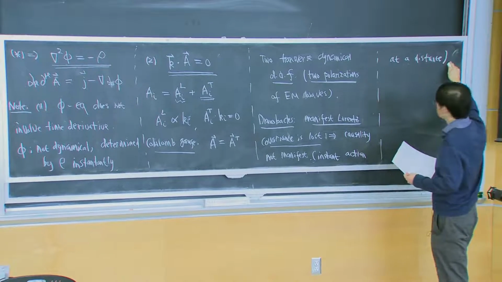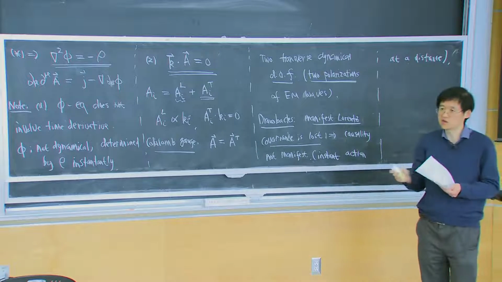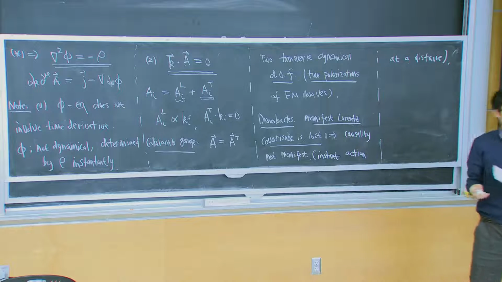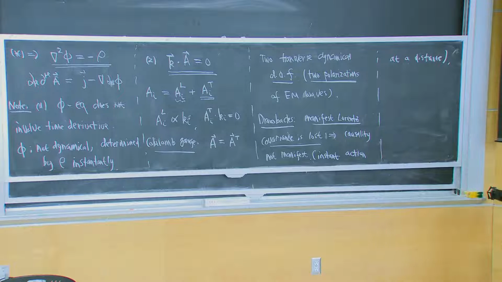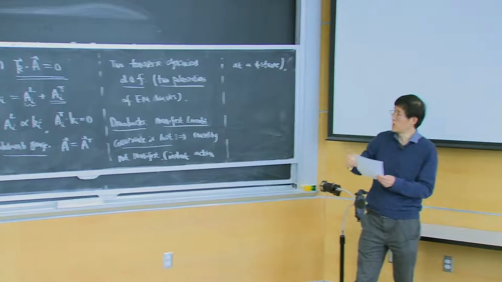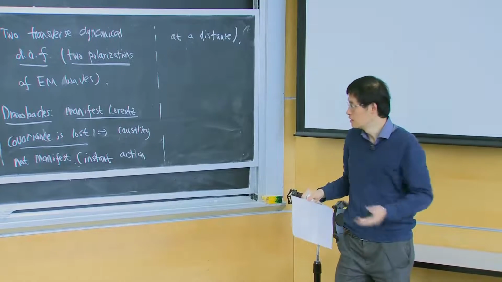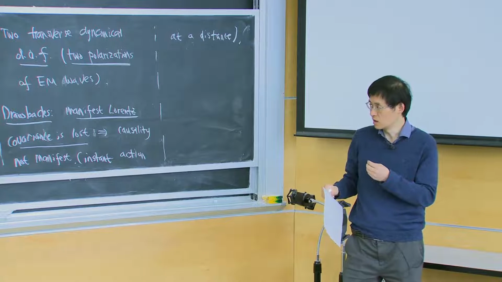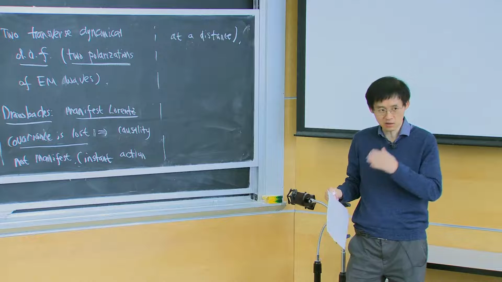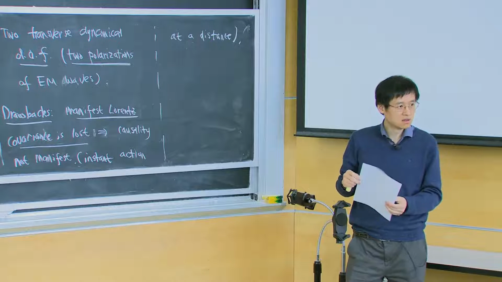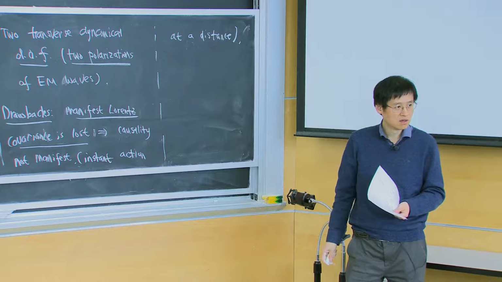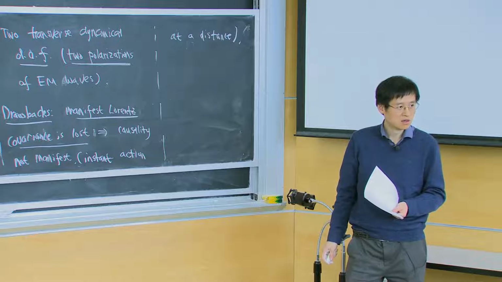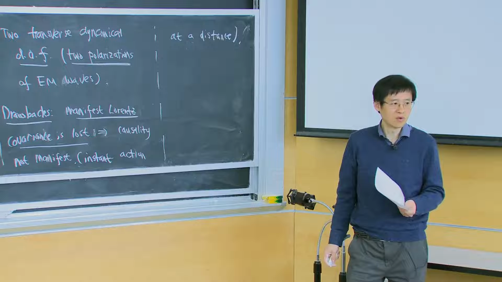But remember that phi itself is not physically observable, so we cannot observe phi physically. So it's okay for phi to have this instant action. Of course, the electric field and magnetic field are causal. Yes? Yeah, it will be manifest.